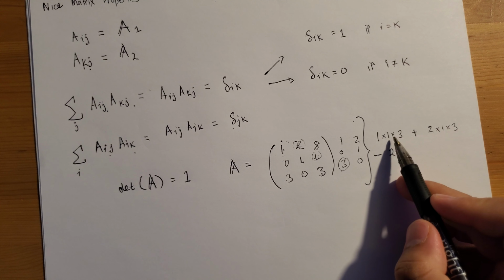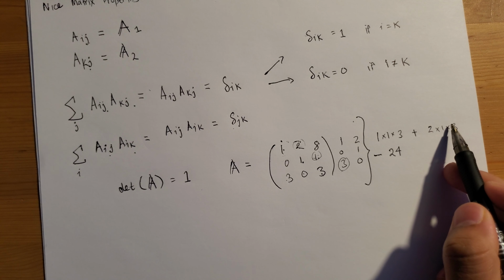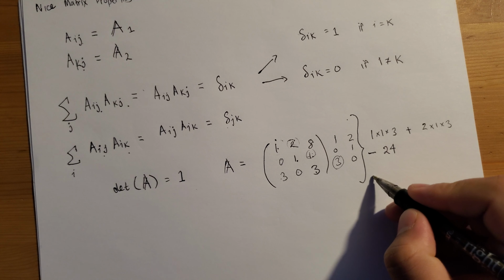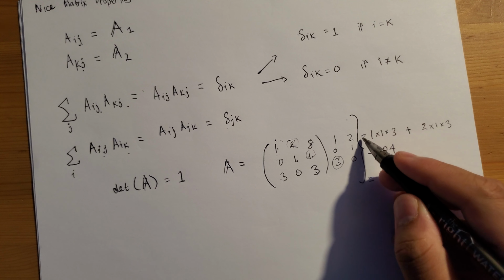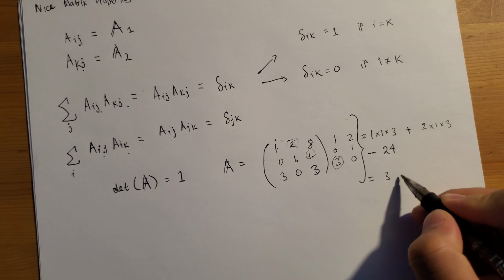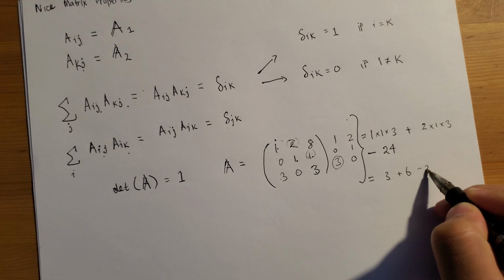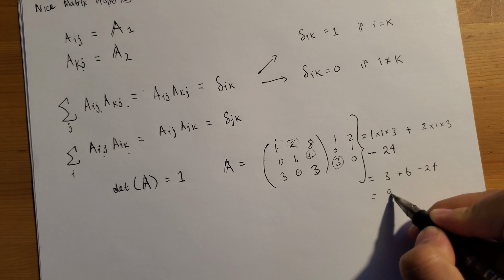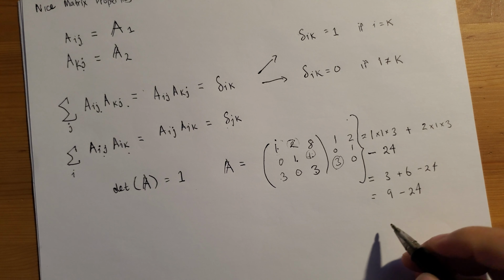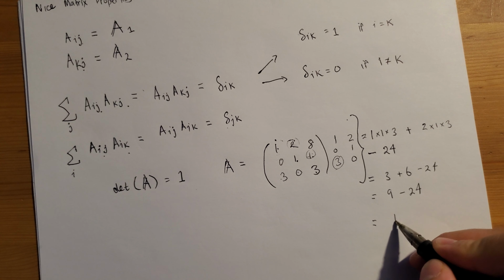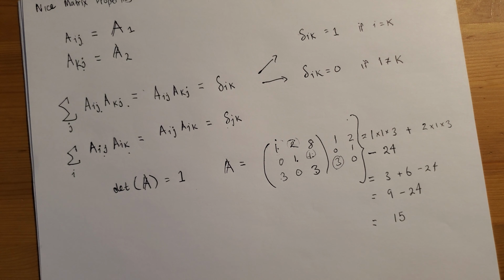So now we have this plus this minus this, which gives us 3 plus 6 minus 24, which is 9 minus 24, which I am just going to quickly assume is 15. And it is.